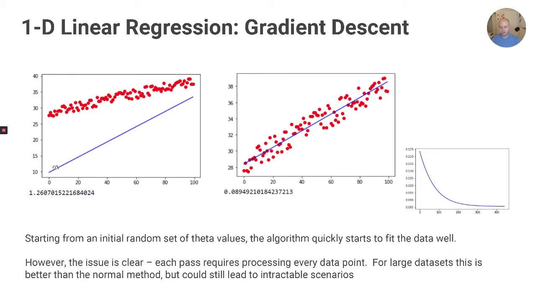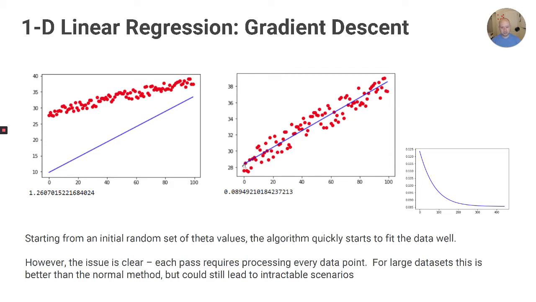On the left here you can see we've chosen some random model, and our loss is quite high at 1.26. After a particular number of gradient descent steps, we eventually get to this line that fits the data relatively well with a loss of 0.089.